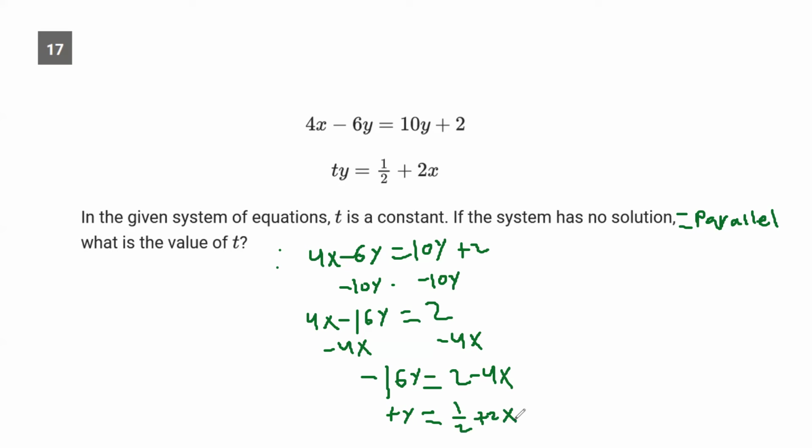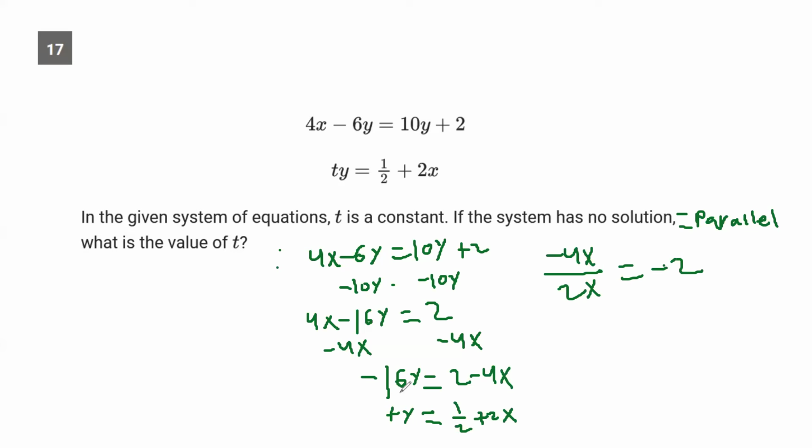Right, and the 1/2 and the 2 don't matter because there's no solution. So the relationship is just that they're not going to be the same, which is fine. But the negative 4 and 2 give us something. That gives us negative 4x over 2x equals negative 2.